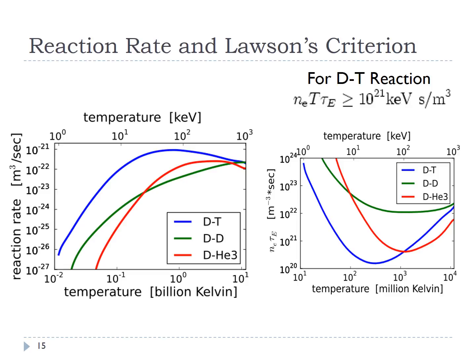So that means for fusion to occur, we need to be above this line. We can either do it at really, really high densities and confinement and somewhat low temperature, or we can do it at higher temperatures but lower confinement time times density. But either way, we have to get above this, and this line here is the Lawson criterion. It says N T tau must be greater than 10 to the 21 keV times seconds divided by meter cubed.